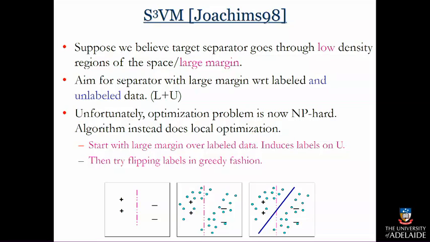So it's still computationally expensive. I guess it's at the same level of difficulty, right? Both are NP-hard. Both involve two sets of variables. Here you also have two sets of variables. One is the label, one is the parameters of the support vector machine, right?